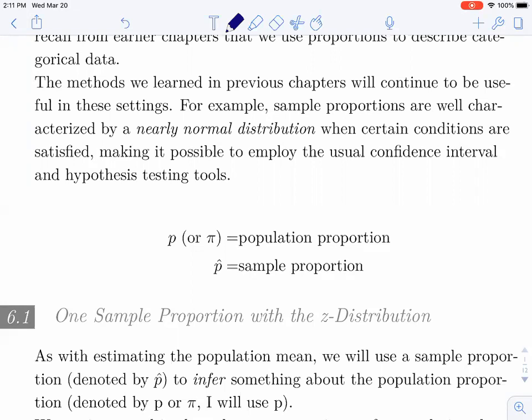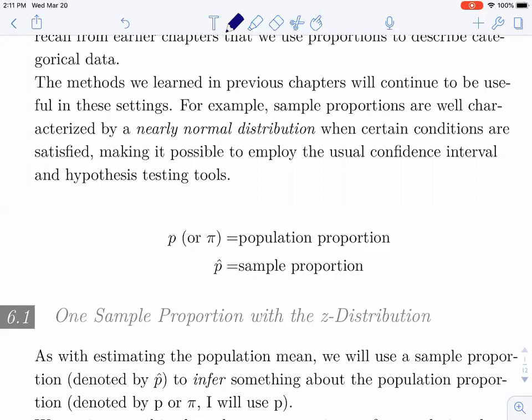P is pi in Greek letters, which I'm hesitant to use just because pi is something else. Pi is a number. You can definitely go ahead and use pi if you want to, but I'll be using p just so it's clear. This is the only time that I'm going to use just a normal letter to denote a population. And then for the sample proportion, I'm going to use p hat.